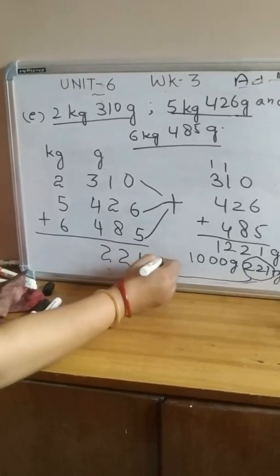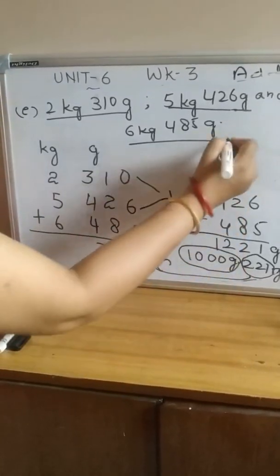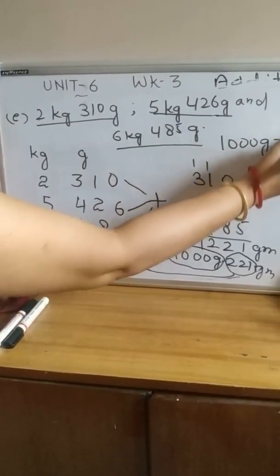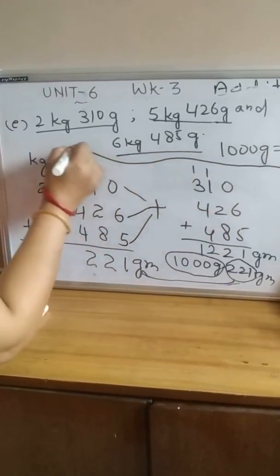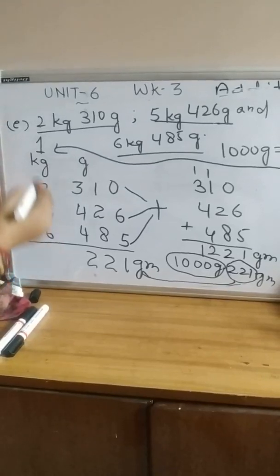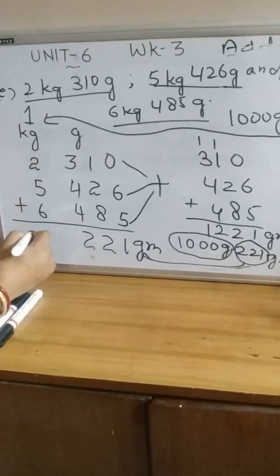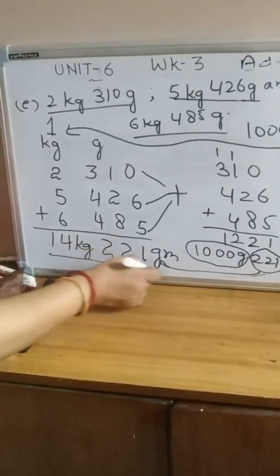And this 1000 gram will be converted into 1 kilogram, and this 1 kilogram will go as a carryover in the kilogram column. Now we add: 1 plus 2, 3, 3 plus 5, 8, 8 and 6, 14. So it becomes 14 kilogram and 221 gram.